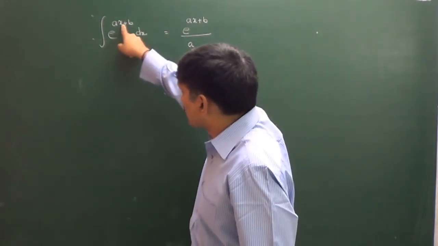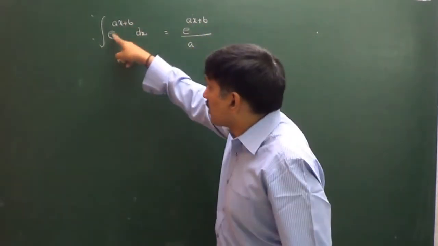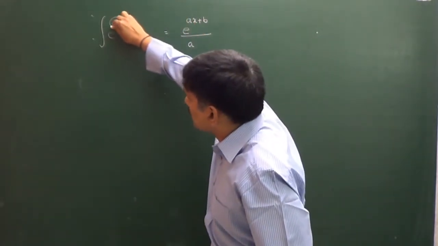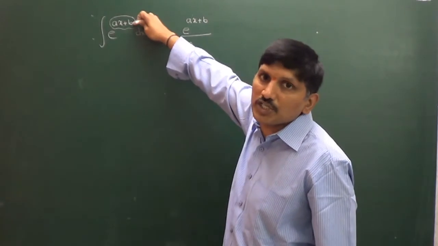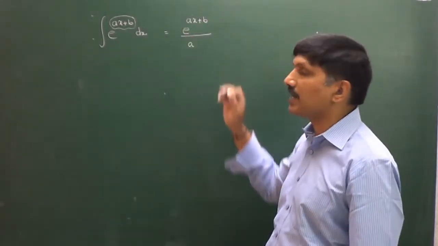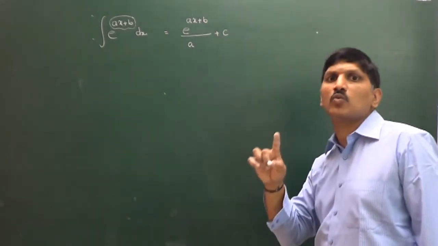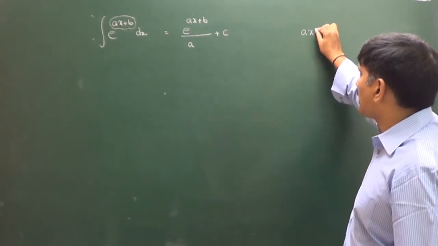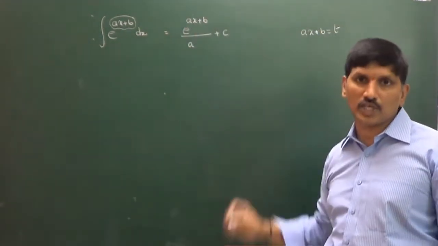E power x integration is e power x, but here x is not there; ax plus b is there. That function's differentiation we have to divide by, which is a, plus the constant of integration. The reason why we are getting division by a is the same as by the method of substitution. Take ax plus b is equal to t and then proceed, you will get the same.